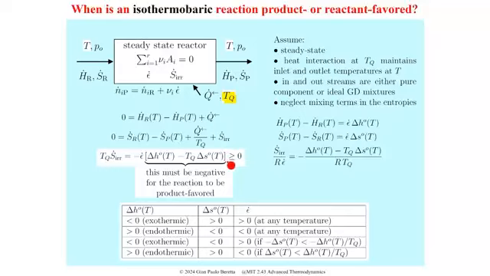So the fact that, of course, entropy cannot be destroyed, so that this always has to have a positive sign if it has to really occur, gives you a criterion to decide whether the reaction will be forward or backward at that temperature. Because if you want it forward, you need epsilon dot to be positive. So if that's positive, in order for this to be positive, you need this linear combination to be negative.